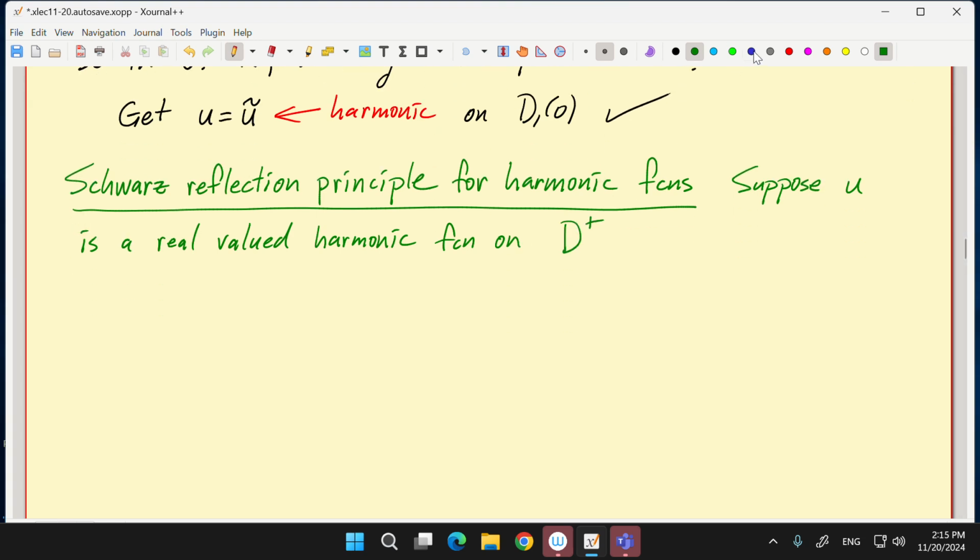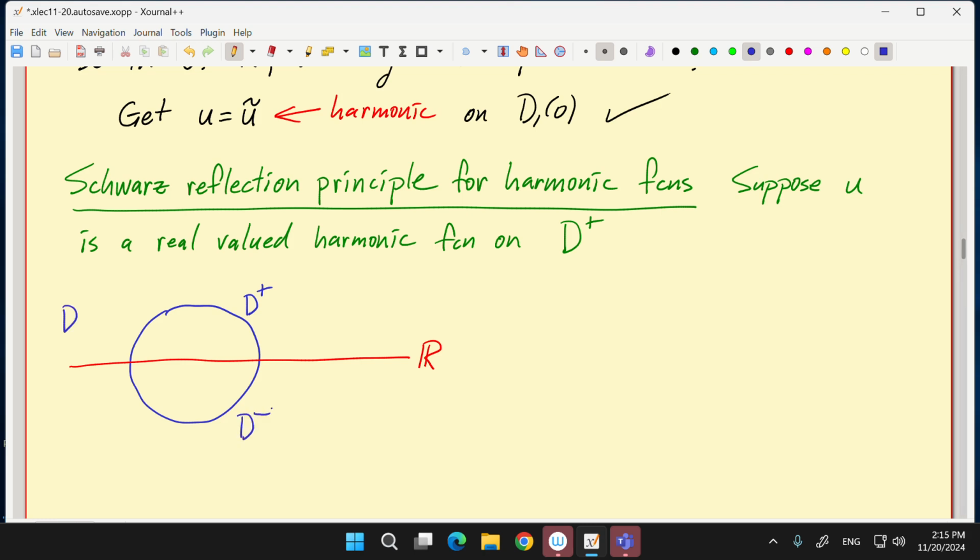I'll have a disk. Here's the real line going through the disk. Here's the D plus. This whole disk is D. And this D plus thing is here, and the D minus side is on the bottom. And if I have a Z right here, I would have a Z bar reflected like that. That's the picture.